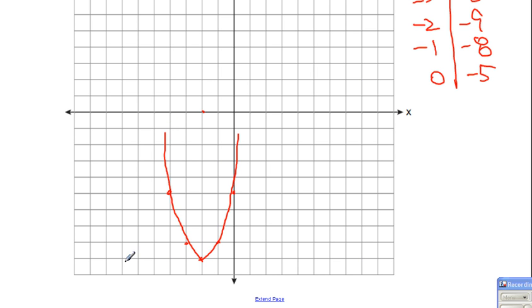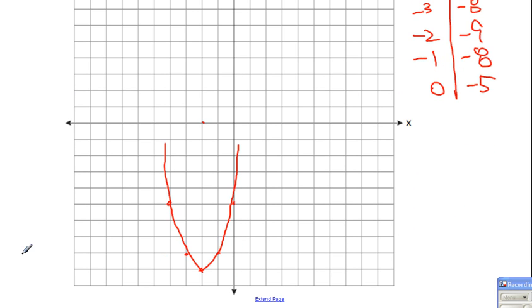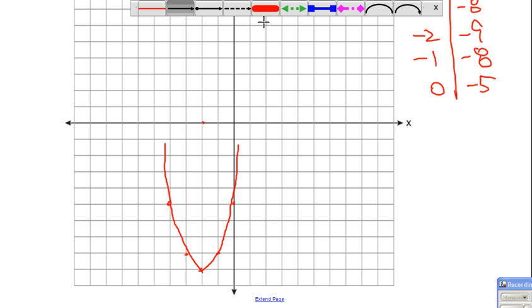And it just keeps on going. Now we have y equals x minus 1. X minus 1 simply means from negative 1, x minus 1.